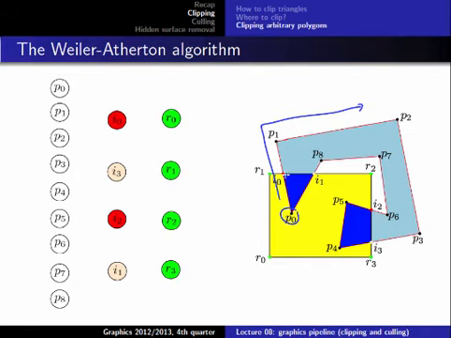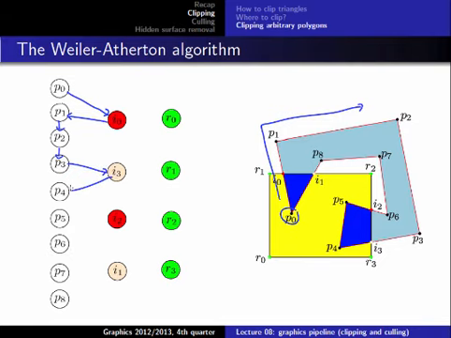But we also include the intersection points. So from P0 to P1, we get an intersection point. So we don't go directly here, but in the graph, we go here. Then from I0, we reach P1. From P1, we go to P2. From P2, we go to P3. From P3 to P4, we see that our intersection test shows that we're intersecting here. So we calculate the intersection point and include that in the graph.